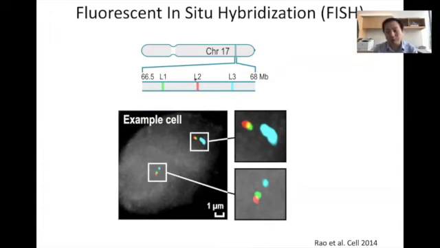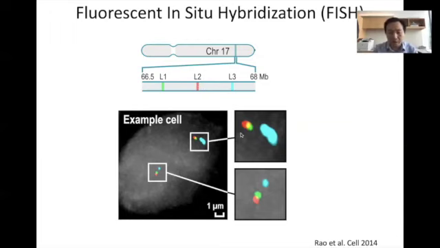All you need to do is use different color labels to label that strand of DNA. You just need to denature the double-stranded DNA and put the label there. Your control is usually, because you are investigating L2, you go to the other direction and label L3 with another color. The idea is that the genomic distance between L1 and L2 and between L3 and L2 is relatively the same. Then you do FISH and observe them under the microscope.